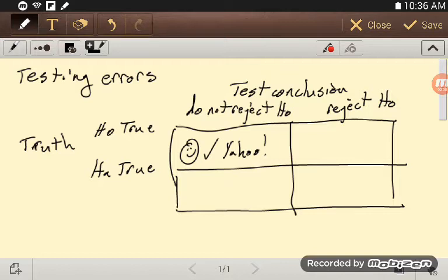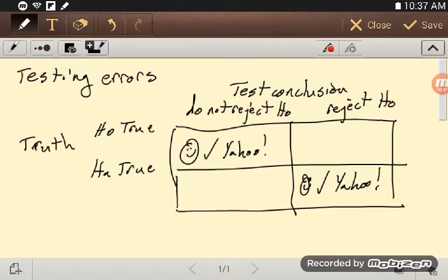Another possibility could be that HA, the alternate hypothesis, is true and we reject H0. So we're down here, and that's great too. That's a pretty small, poor smiley face, but not everybody's got a great smile, I guess. And Yahoo again, life is great.